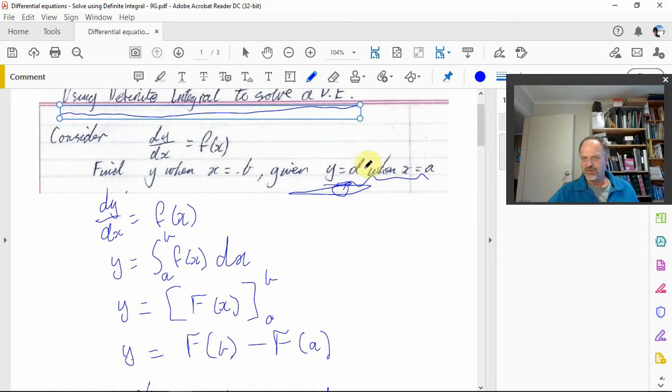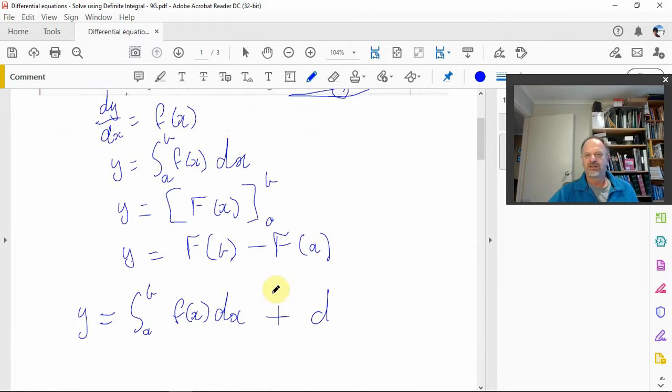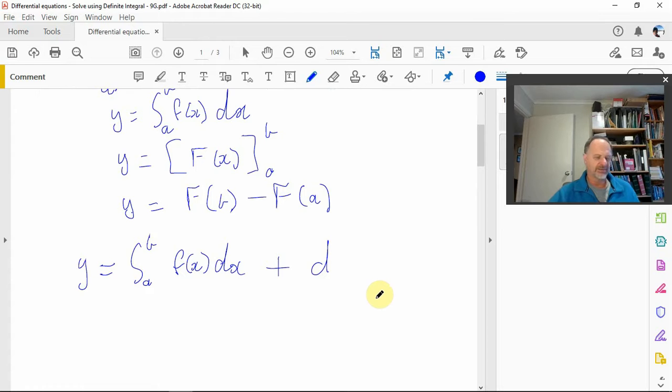We know what the y value was when x is a. What's the change? Well, the change is this bit here, and that change would then be the change in your y value plus wherever you started.